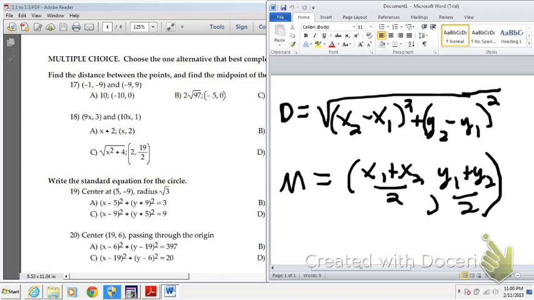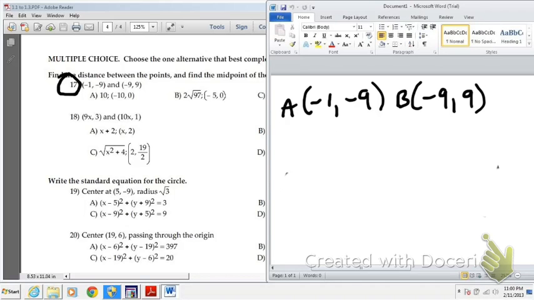So for starters, let's try 17. I'm actually going to erase the formulas now, since I have them in my head, and then rewrite those points. Okay, so let's let this be your x1, y1, and let's let this be your x2, y2, and let's start plugging and chugging.